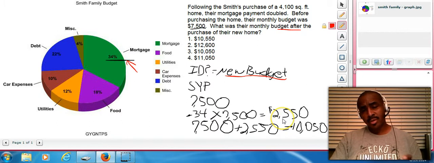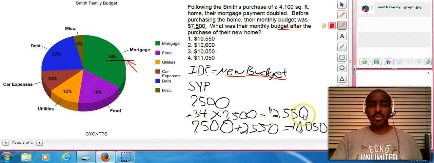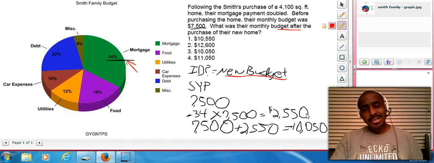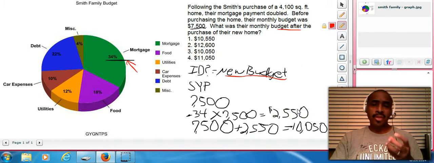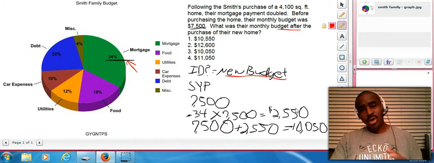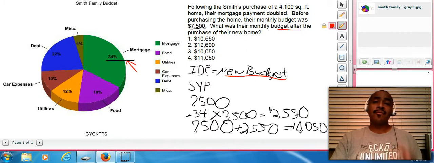Multiplying 0.34 times 7,500 gives us $2,550 for their mortgage. This amount has doubled, so if we take their current budget and add another equal value of the mortgage payment, that represents the mortgage payment doubling, which answers our question, what was their new budget following the purchase of their home, giving us $10,050.